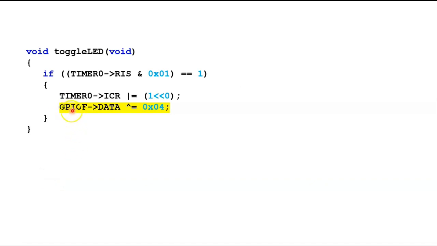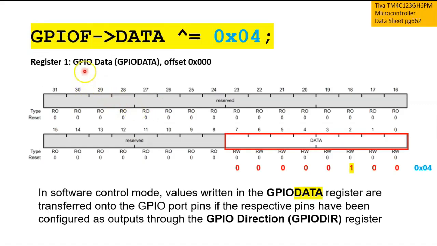Now this instruction here will toggle the LED. This is the GPIO data register. The values that are written to the GPIO data register are sent to the GPIO port pins.